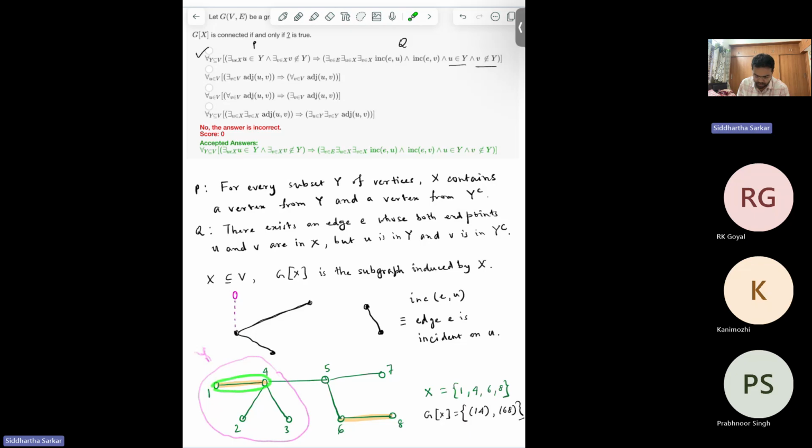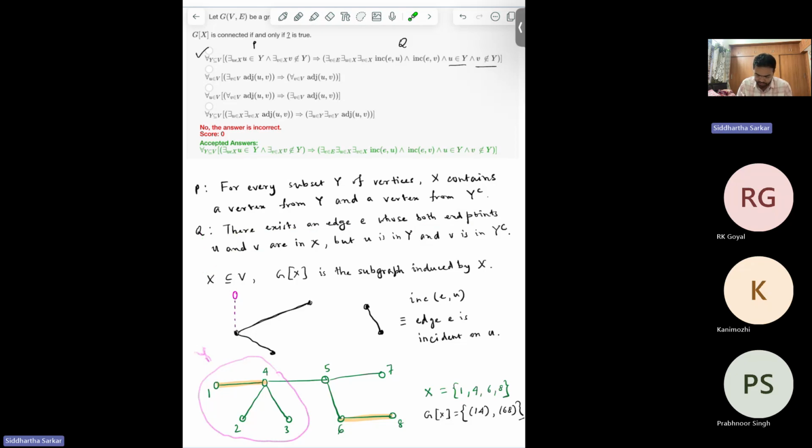This edge, which is part of the induced subgraph, is completely within Y, whereas this edge is completely outside Y. So I cannot find an edge going across from Y to outside Y.